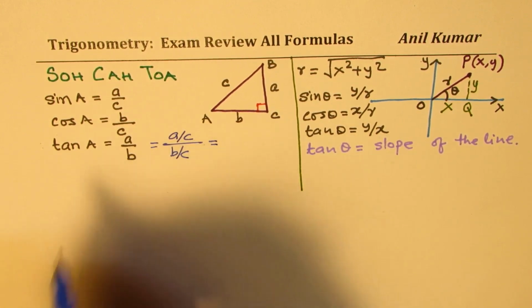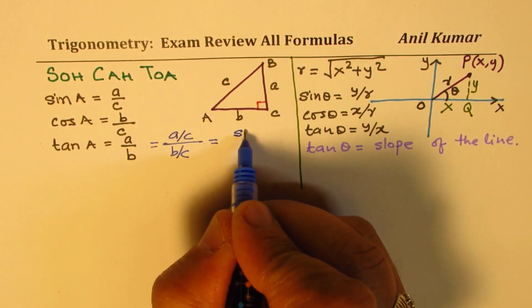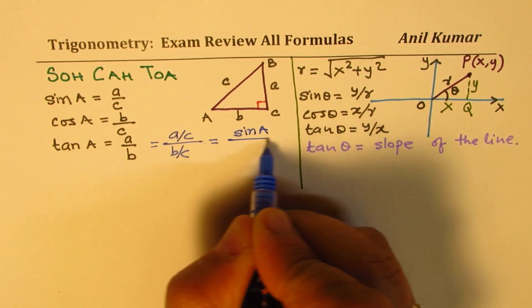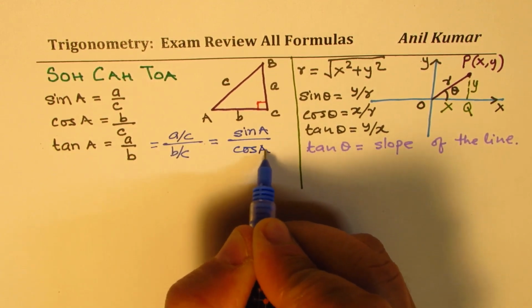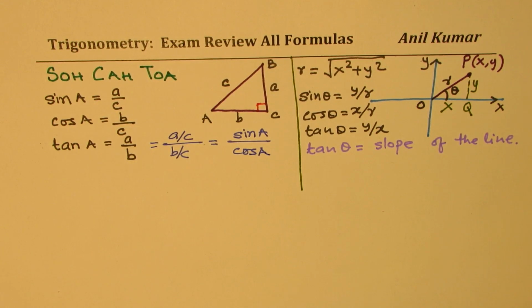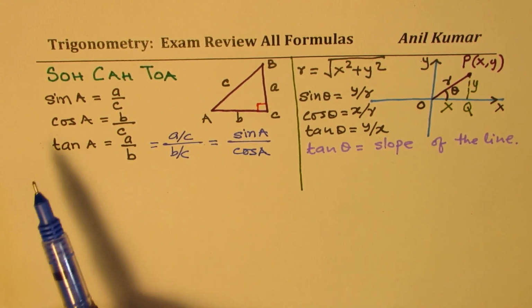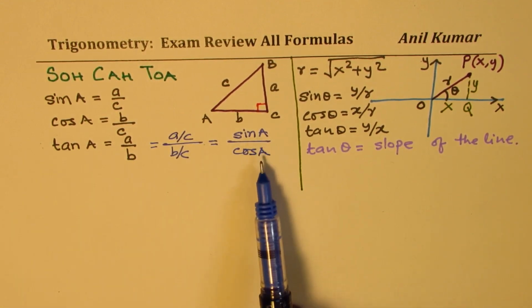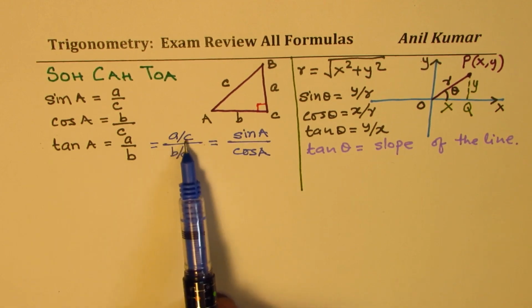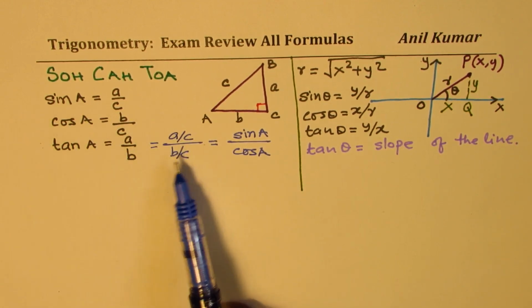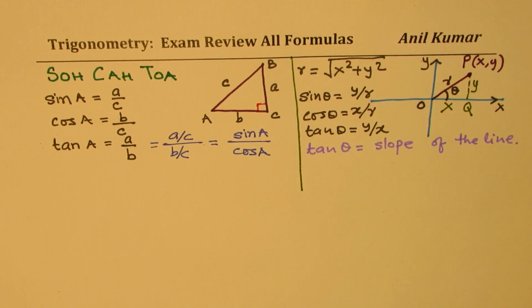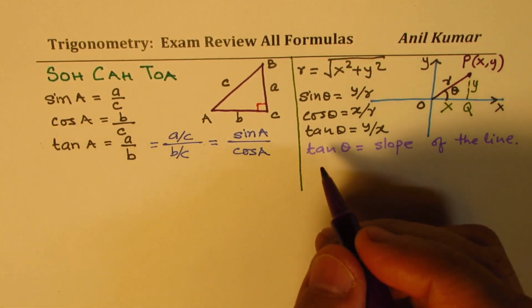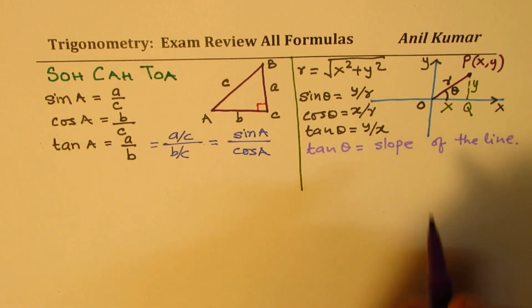That means I could write tan A as sine A over cos A. So that is one of our first identities. Tan A is equal to sine A over cos A, since a over c is sine A and b over c is cos A. You get it, correct?